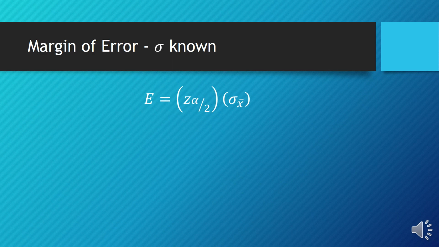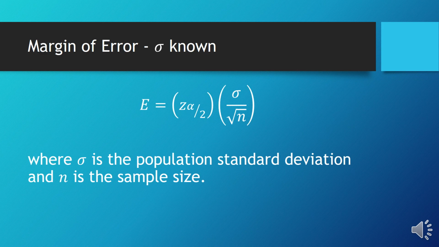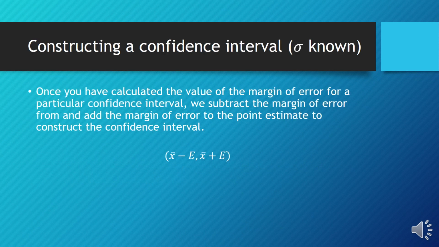And we know the formula for the standard deviation of a sampling distribution of sample mean is given by sigma over square root of n, where sigma is the population standard deviation and n is the sample size. So again, that comes from the central limit theorem. And this is the formula that you would want to use when you are constructing the margin of error. This formula will be listed on the formula sheet.